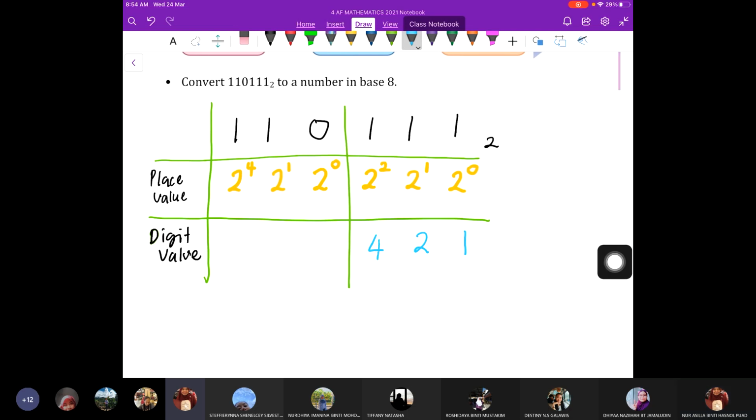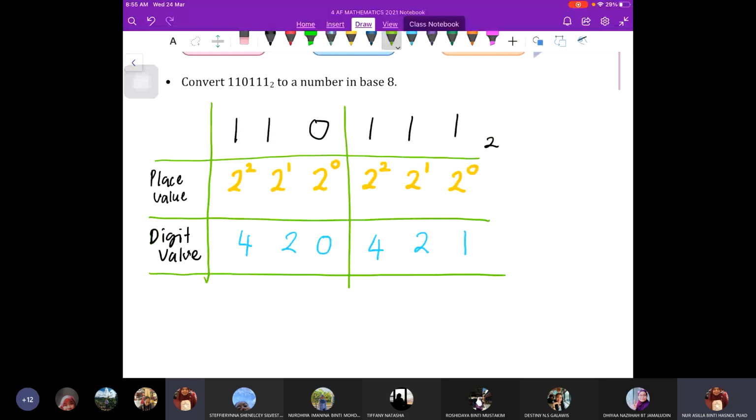Macam tu. So kat sini, kosong ni akan dapat kosong. Sini akan dapat 2. Kenapa saya tulis 4 dekat sini? That is wrong. This should be to the power of 2. So this will be 4. Okay. So dah sampai situ.